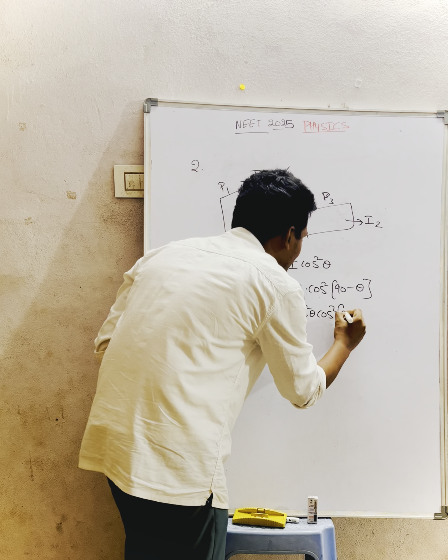So I can write one vernier scale division is equal to 9 by 10 main scale division. 1 MSD is given as 0.1 centimeter. So I can write it as 9 by 10 into 0.1.